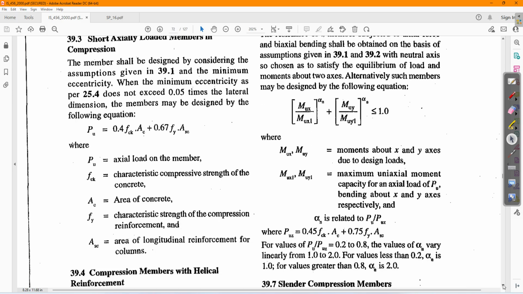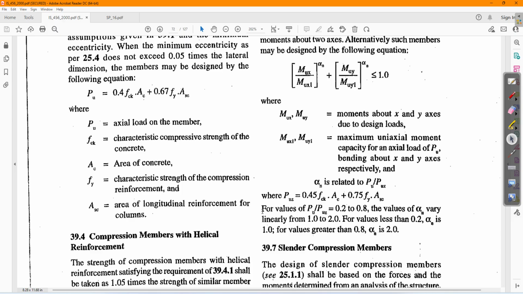See here. For values of Pu divided by Puz from 0.2 to 0.8, the values of alpha n vary linearly from 1 to 2. For values less than 0.2, alpha n is 1. For values greater than 0.8, alpha n is 2.